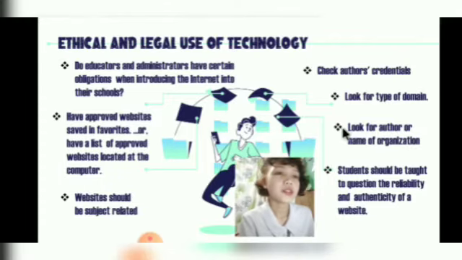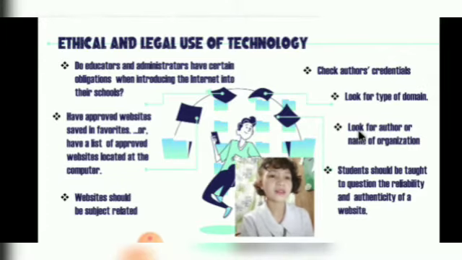Now check the author's credential. It is important to check the author's credential. Why? What if that author is unauthorized, or the content of his or her writings is inappropriate for your students? It is very much alarming. Now look for the type of domain, what you're teaching.